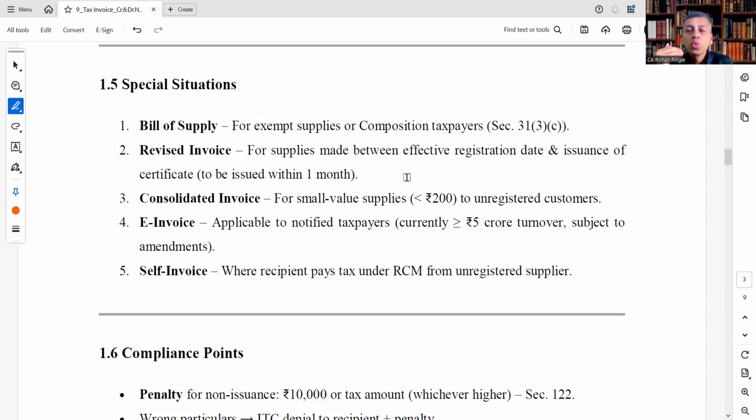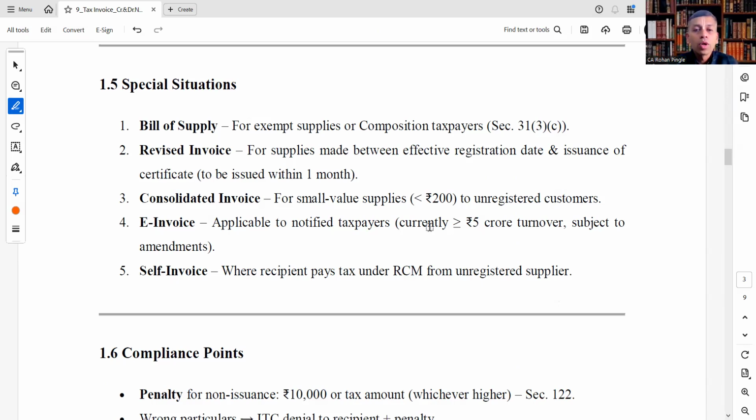If you have issued some invoices between, let's say, 1st August to 15th August, and the certificate issuance date is somehow 18th August or 17th August, then the invoices issued between 1st to 16th or 1st to 17th, you need to revise as a tax invoice by adding the tax component. So that is called a revised invoice.